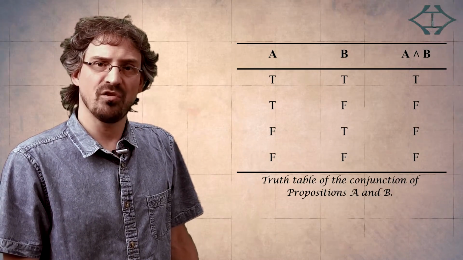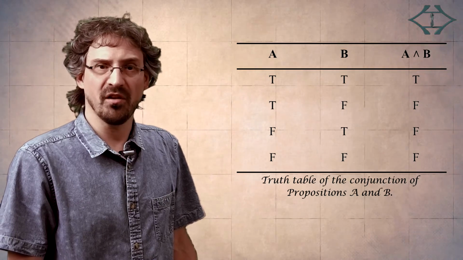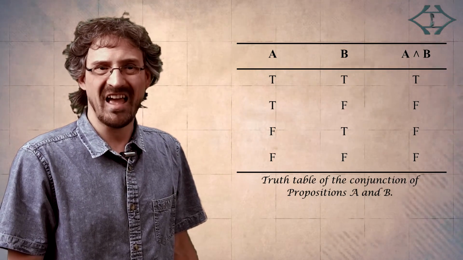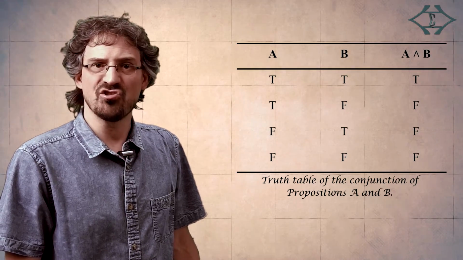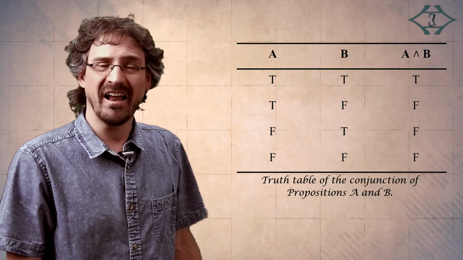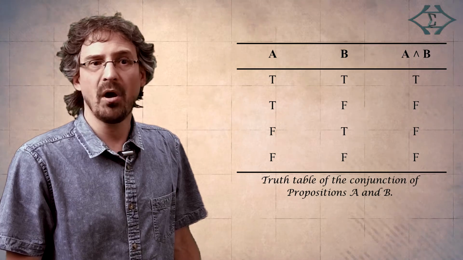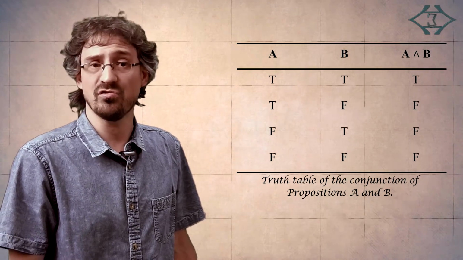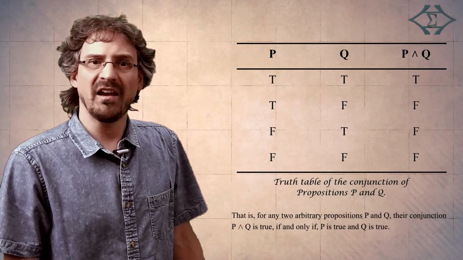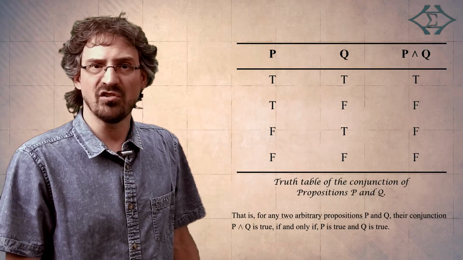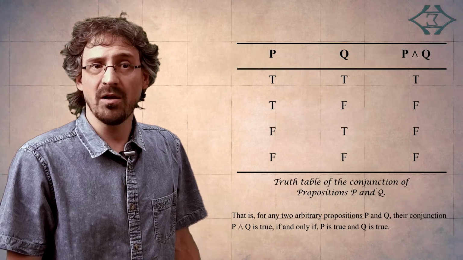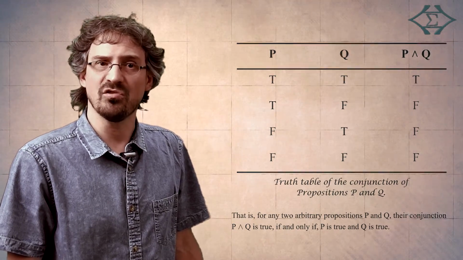Moreover, the truth table has used nothing from the meaning of propositions A and B. It is true in general that a conjunction is true if and only if its component propositions are both true. That is, for any two arbitrary propositions P and Q, their conjunction is true if and only if P is true and Q is true.